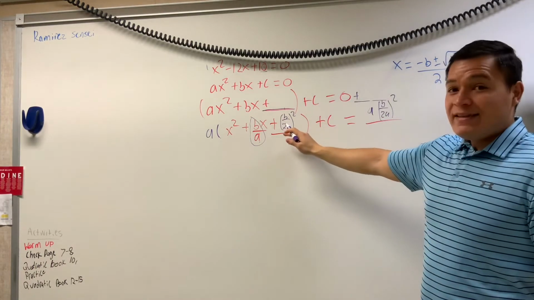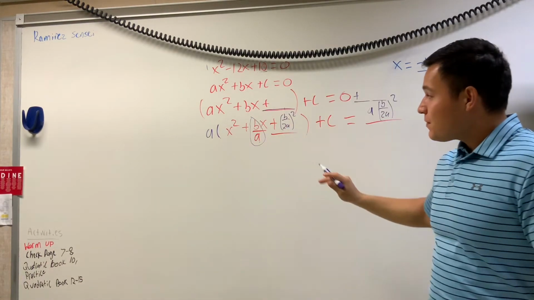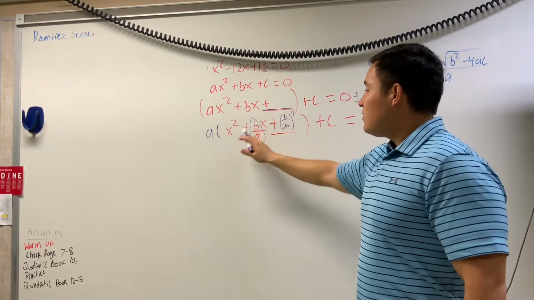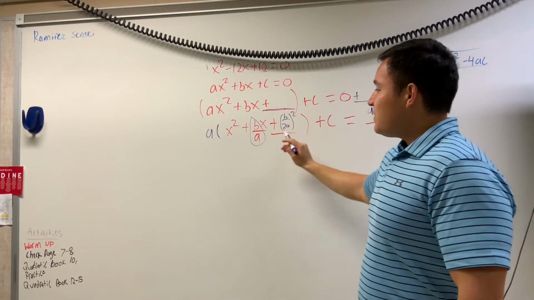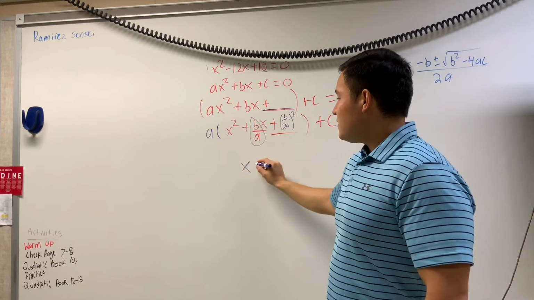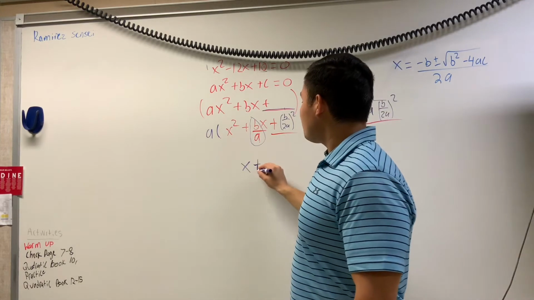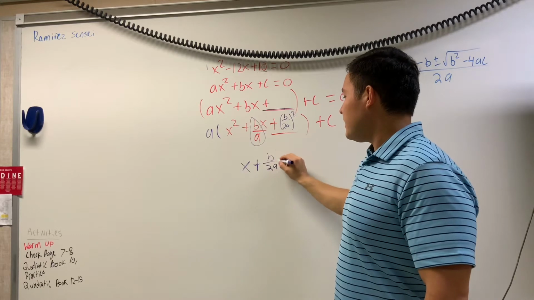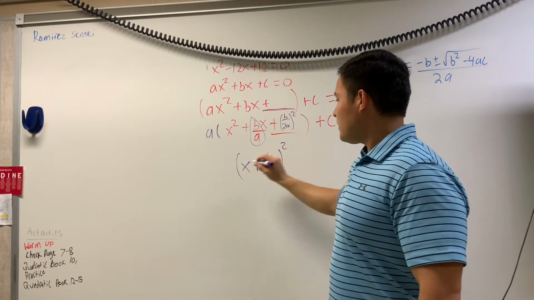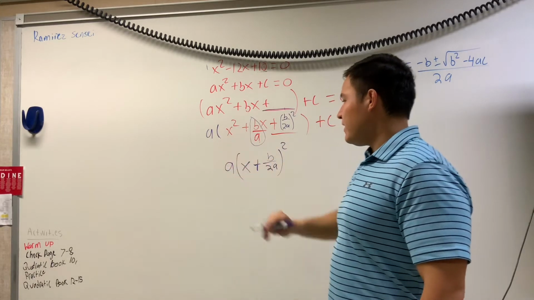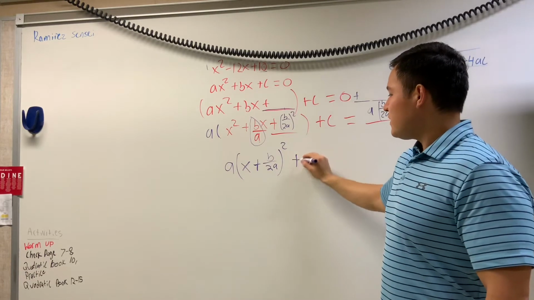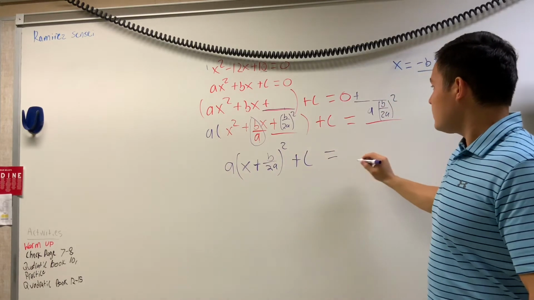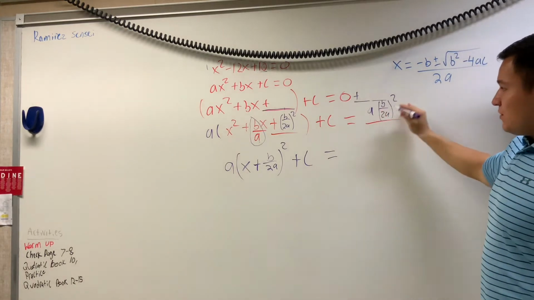So once we've added this new factor here, this set that we have in parentheses is going to factor perfectly to be x plus b over 2a squared, with that a on the outside, plus c equals, and then I'm going to distribute this through.